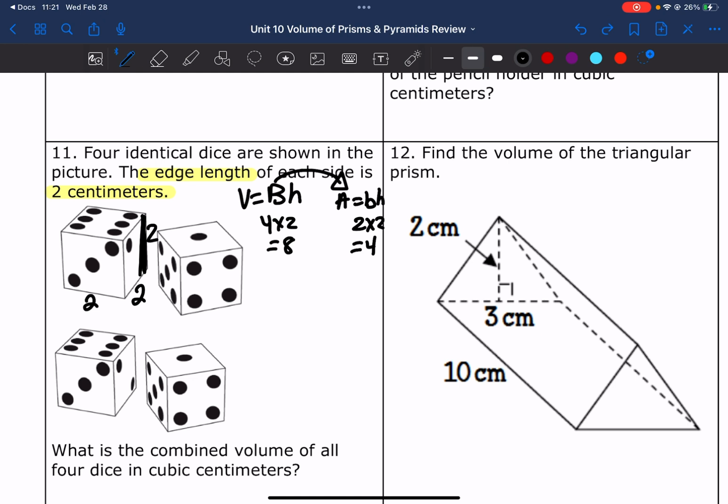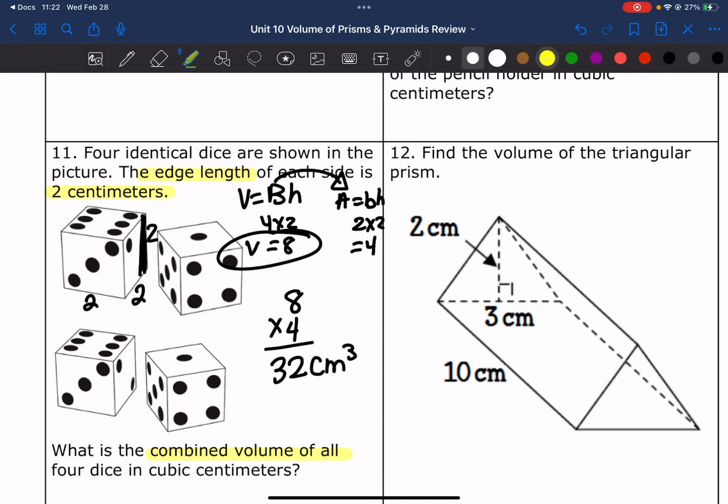And if we continue reading down here, it says, what is the combined volume of all 4 dice? We're going to do 8 times 4 because there is 4 of them, and that is going to be 32 centimeters cubed, okay? This right here is your final answer, okay?